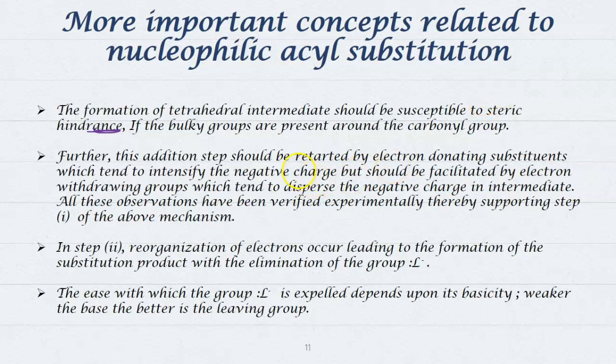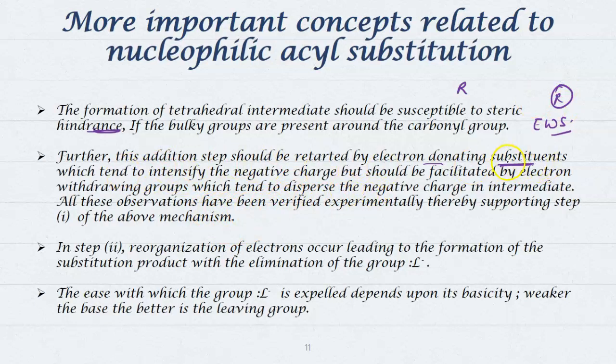So your nucleophilic acyl substitution reaction will not proceed properly in that case, if your R is a bulky group. So that is one step. Further, it should be retarded by electron donating substituents, correct? Which means an electron withdrawing substituent as the R group will promote your nucleophilic acyl substitution reaction, correct?